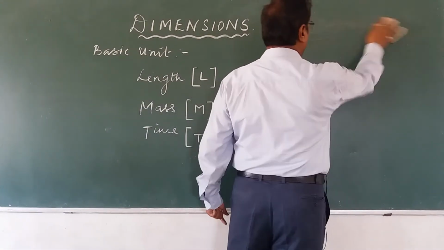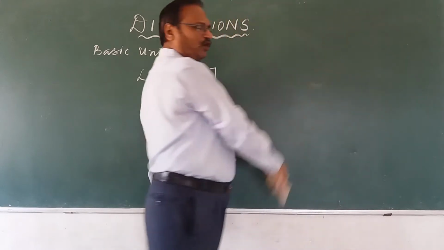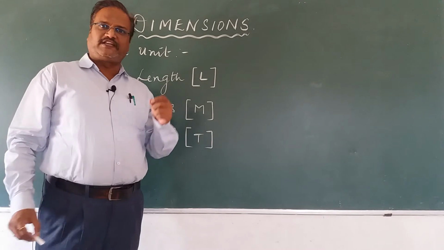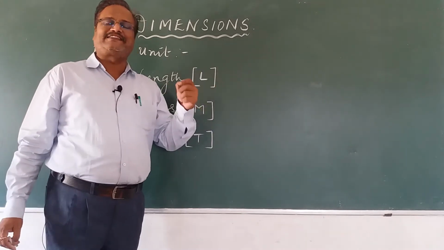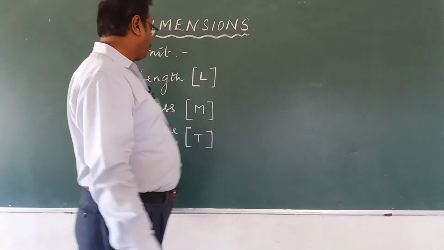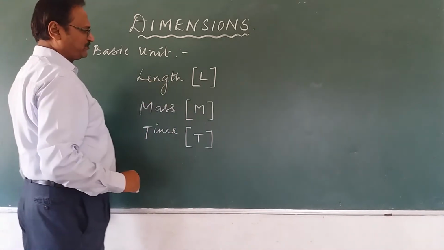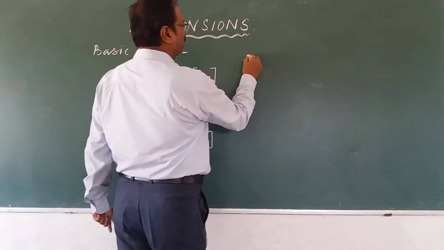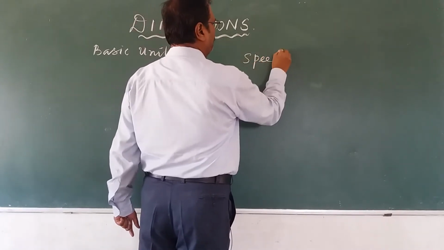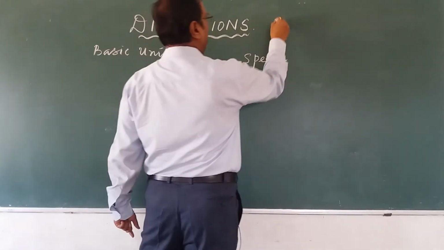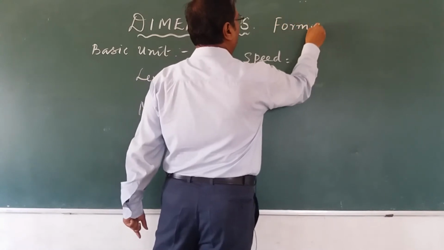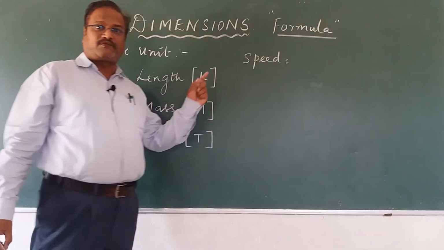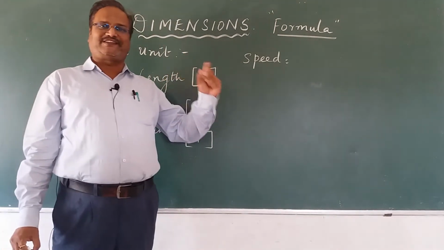Keep it in mind, the MKS system is also called SI units, the international system of units. Now how am I going to use this? Let us take a simple example, speed. Whenever you want to make a dimensional formula, you need to know first and foremost the definition of the particular physical quantity.